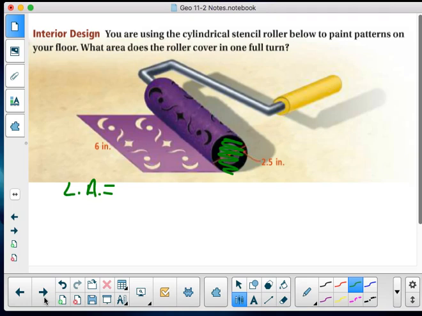So one roll, okay, my lateral area, the area without bases, is going to be 2 pi r h. So my h is 6, my radius, wait, let's double check this. They got 2.5 for my diameter, so that equals diameter.